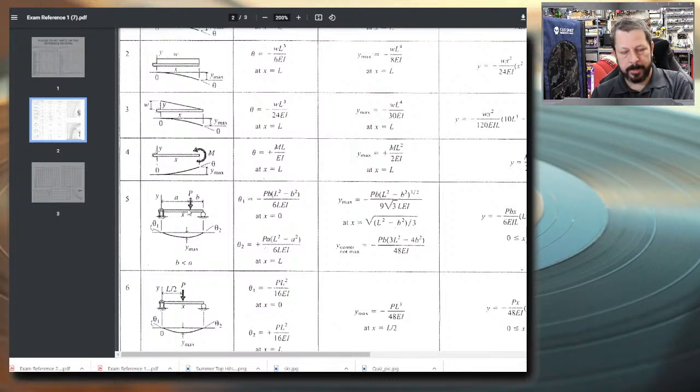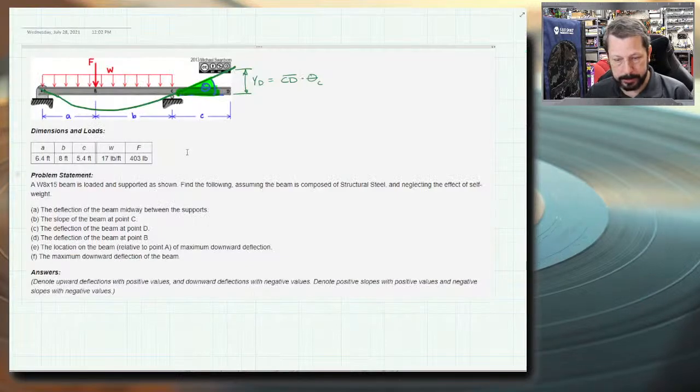So for X in our equation, we're going to put in the distance. This one may not be obvious which way X is measured from, but X is measured from the left end going to the right. So that means I need to put in a value of A in this picture, B in my beam, because this is mirrored from what I actually have.